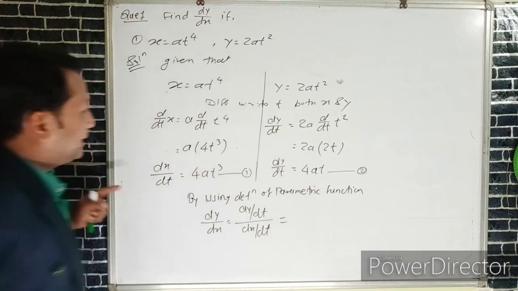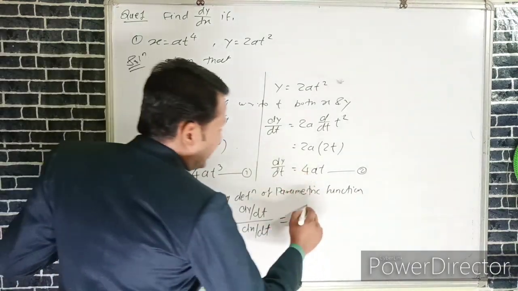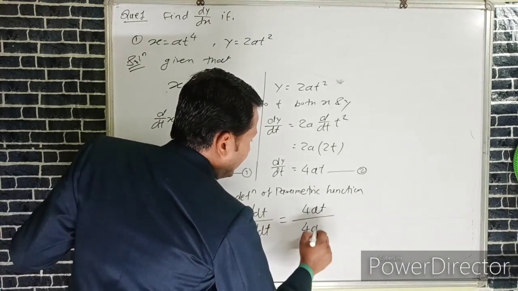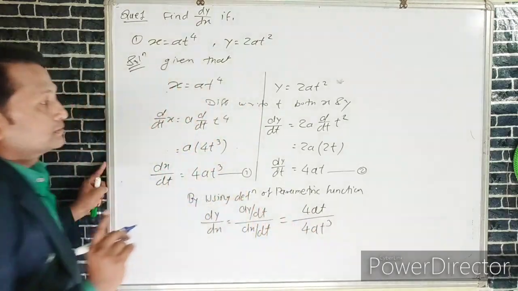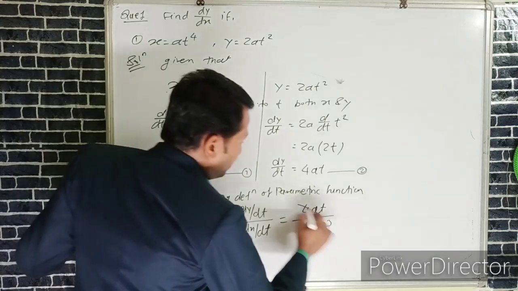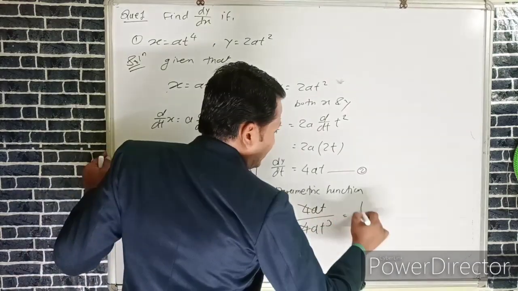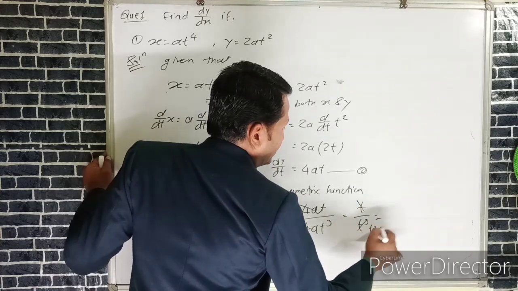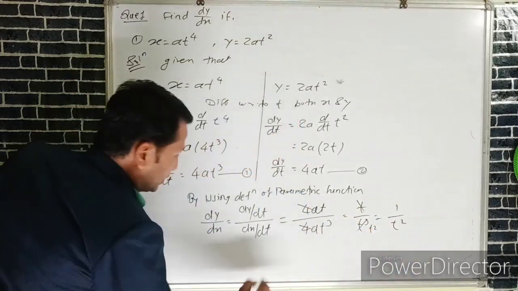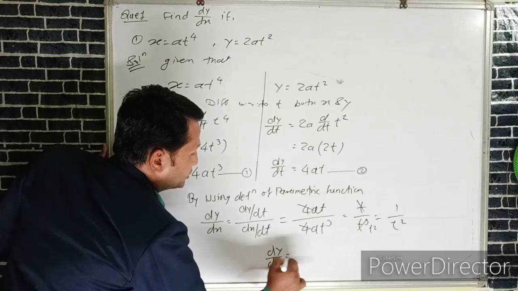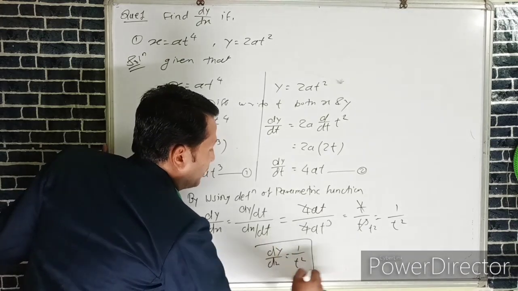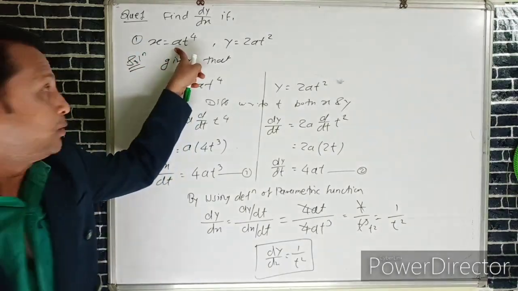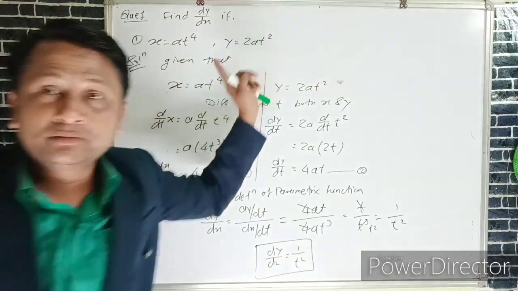Here dy by dt is 4at and dx by dt is equal to 4at cube. Now 4a cancels. Here t upon t cube, if t is cancelled, we get 1 upon t square. So the required value of dy by dx is 1 upon t square when x is equal to at raised to the power 4 and y is equal to 2at square.